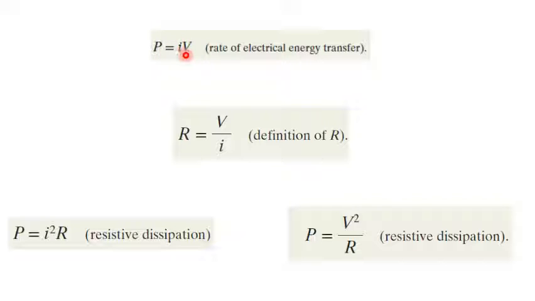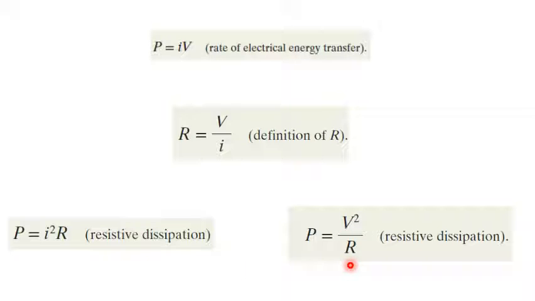So P equals I multiplied by V. But the relation between I and V is governed by Ohm's law through the resistance R equals V over I. So we can replace V by I multiplied by R. So in this case, it would be I multiplied by I multiplied by R. So the power in the resistance would be I squared R. Or we can say that I equals V over R. So the power would be V over R multiplied by V. So the power in the resistance would be V squared over R.